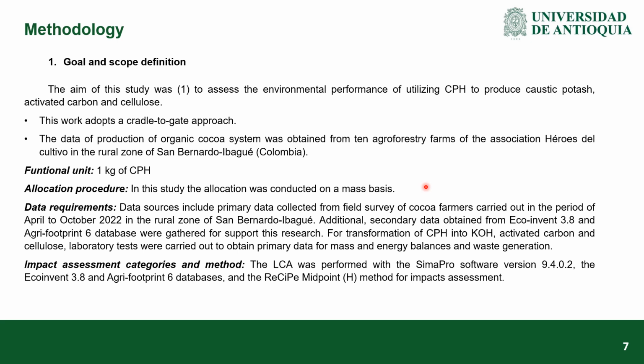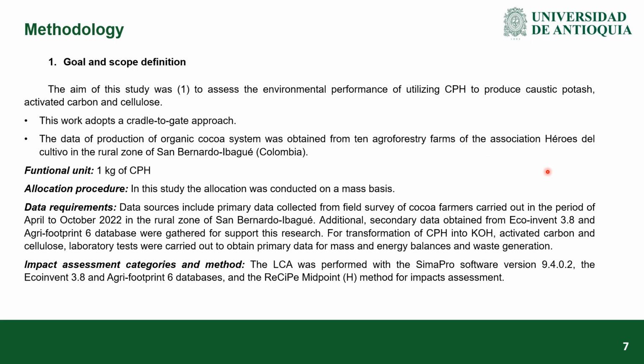The data sources include primary and secondary data. The primary data were collected from a field survey of cocoa farmers carried out in the period of April to October 2022 in the rural zone of San Bernardo, Ibagué. Additional secondary data obtained from Ecoinvent and Agri-footprint databases were used to support this research.